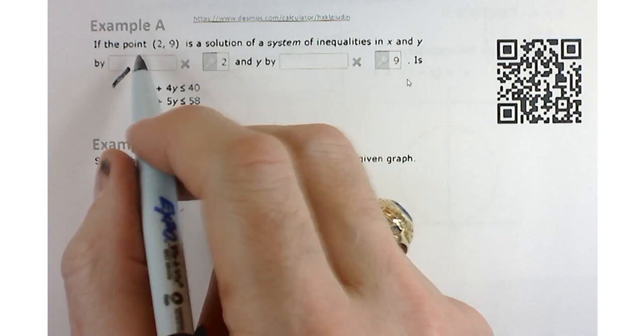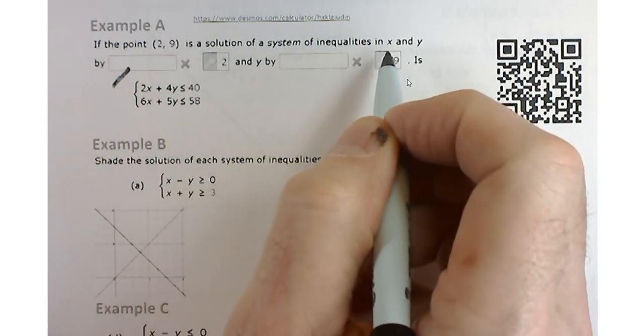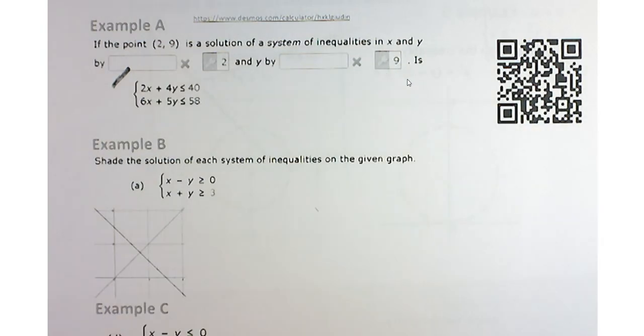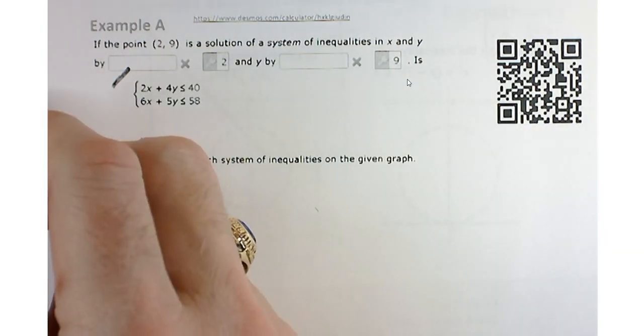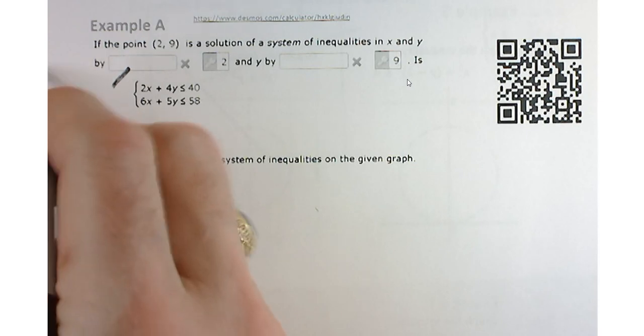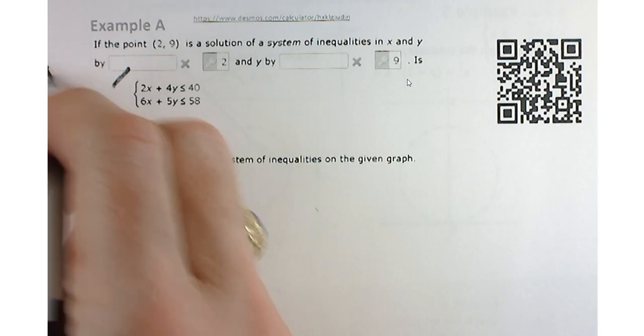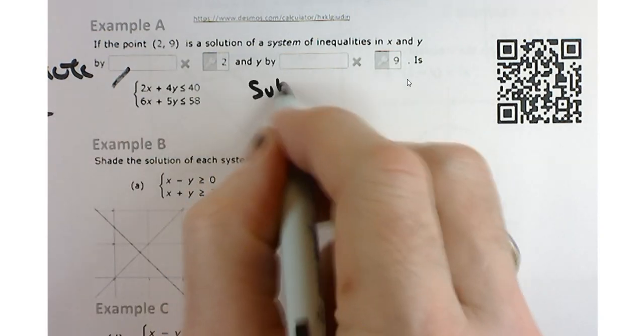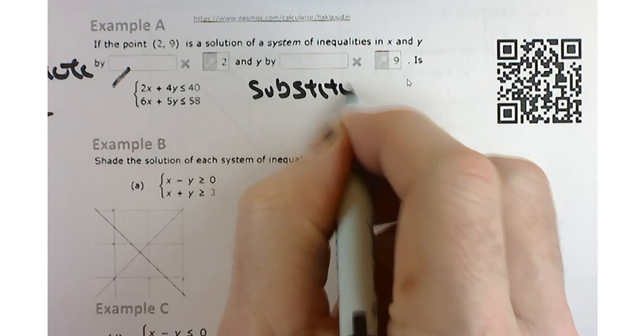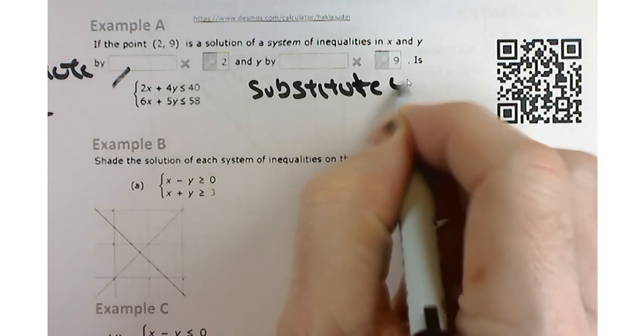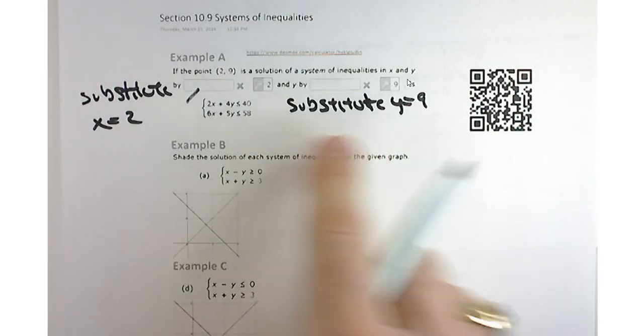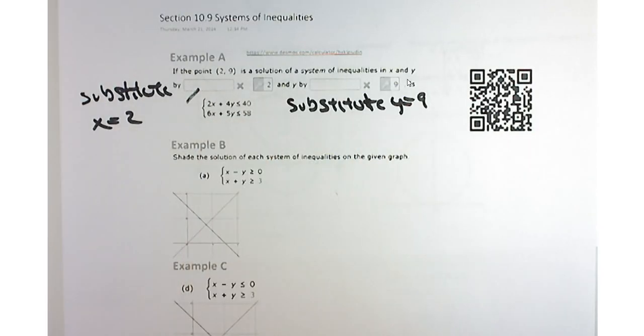So this point is a solution to the system of inequalities in x and y by substituting x equal 2 and substituting y equals 9. And if it satisfies both of these, then it's a solution to the system of inequalities.